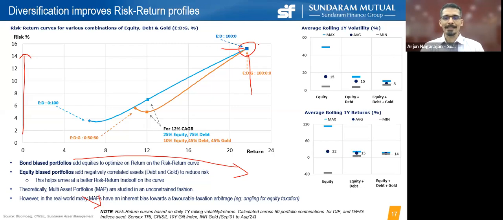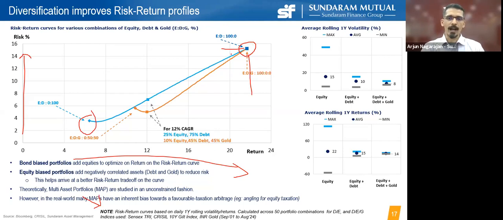Now, as an equity investor, your mindset always is to try to reduce your risk. And in the process of reducing your risk, you have to trade off some return for it. As a bond investor, what you're trying to do is improve your return, and at the same time, you don't want your risk to go up by much. So a 100% bond investor would lie here, and a 100% equity investor would lie here.